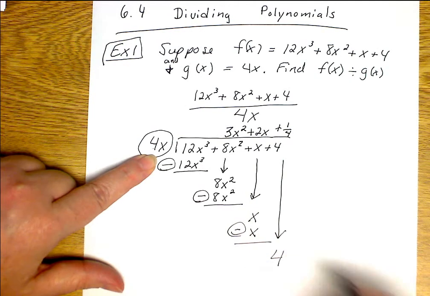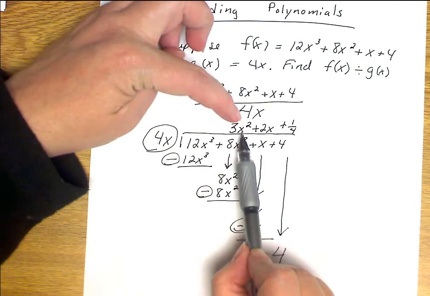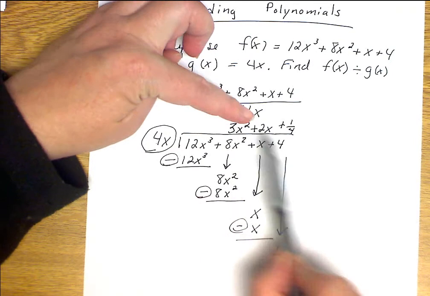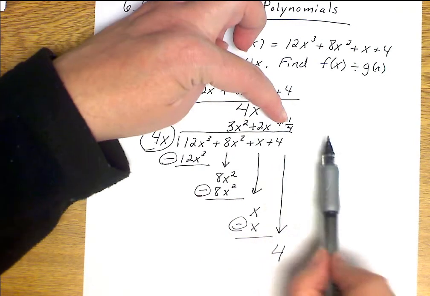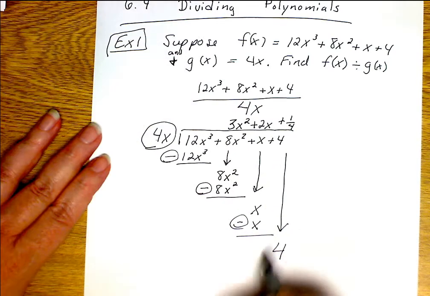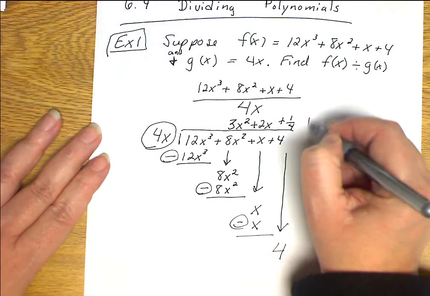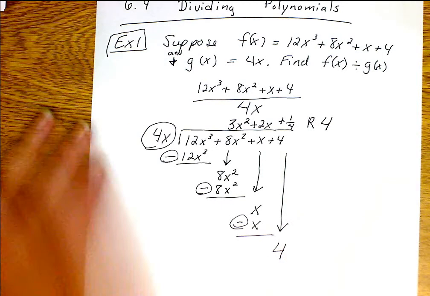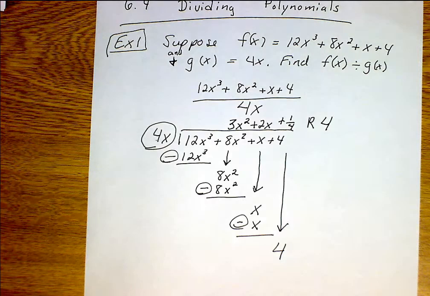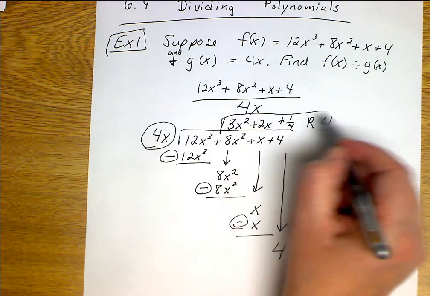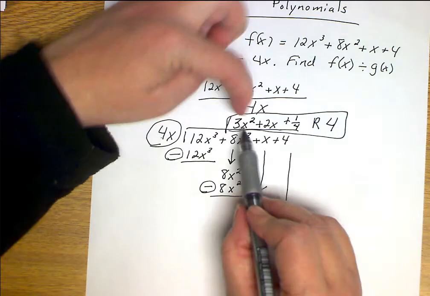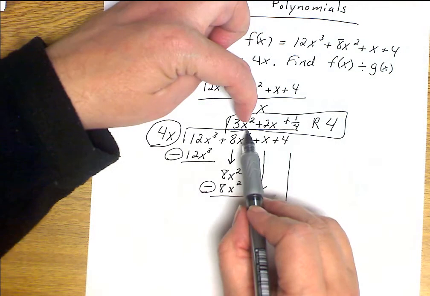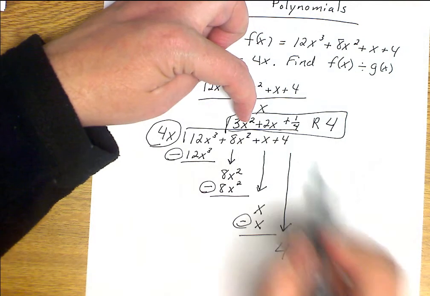Now, I will tell you, if you ever see that you have x squared, x, and then your number, you are done. This is called a remainder. So you say remainder of 4. How do you know you're done? Think of your degrees.